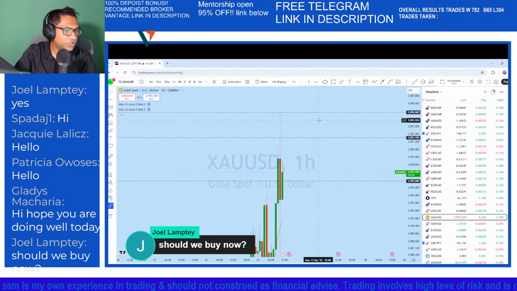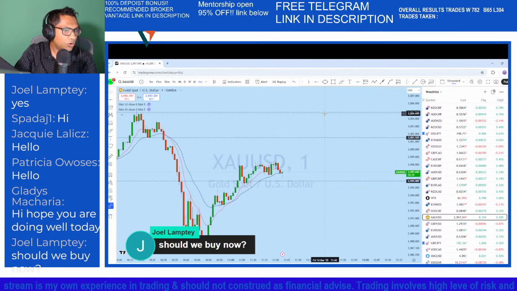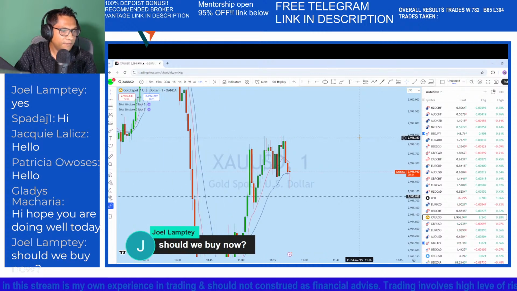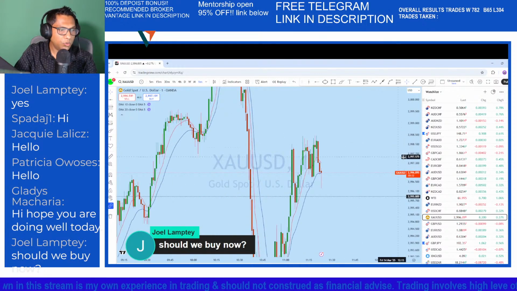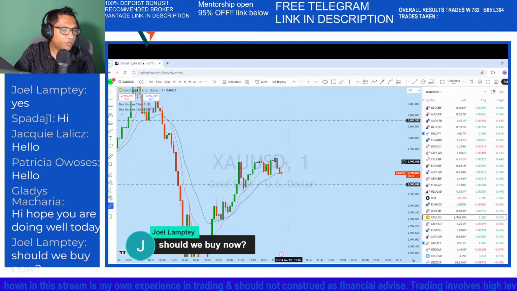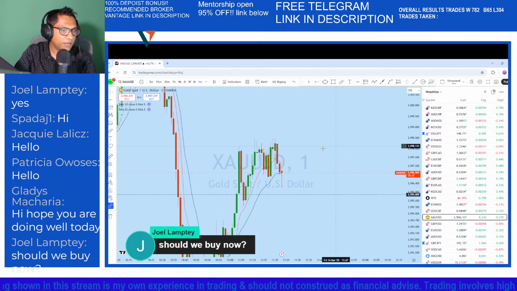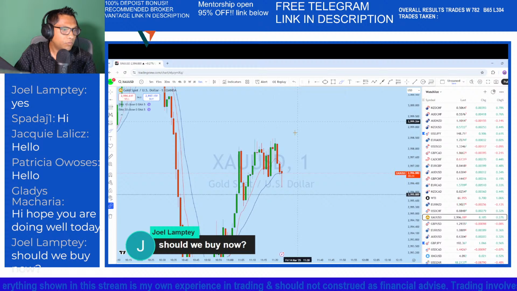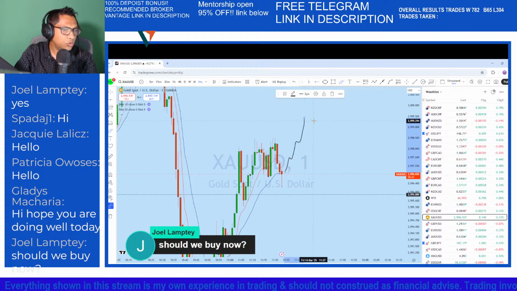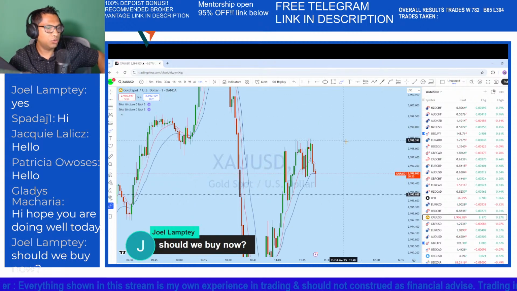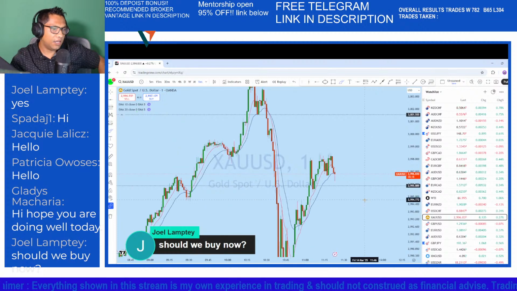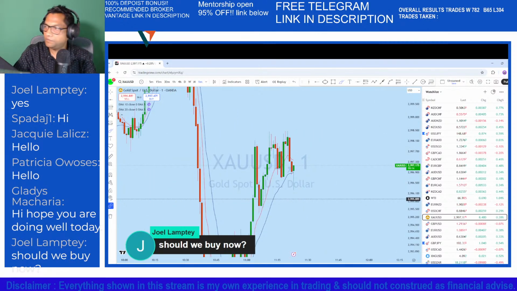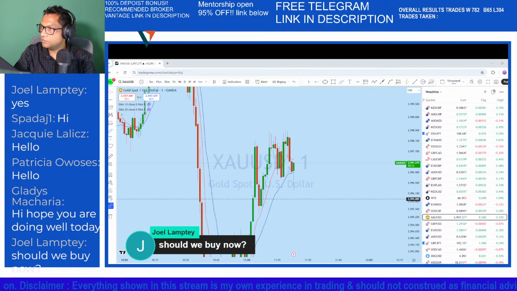This is the 1 hour chart. Market tested the low and potentially forming a long wick candle here. So with that long wick candle, if you look at here, you can see this is a long wick candle. And with this long wick candle, what we can expect is for the market to potentially trend and then create a new higher high.